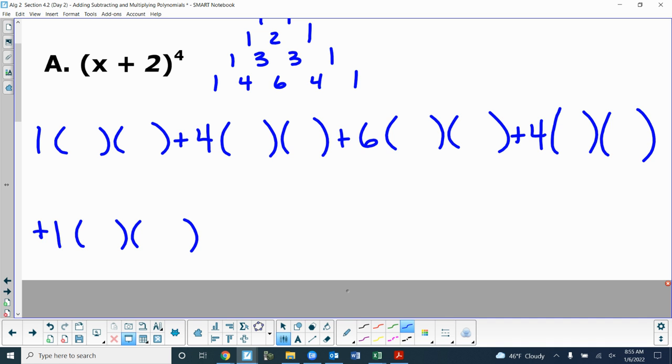So, in this first parenthesis, you put the first term in. Every one of them. So what do you think goes in the second parenthesis? Now, since it's a plus 2, I'm just putting a 2.